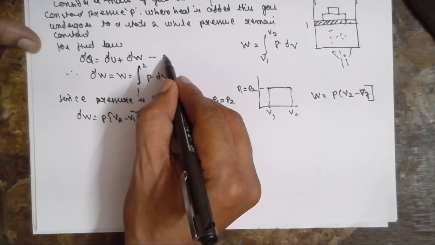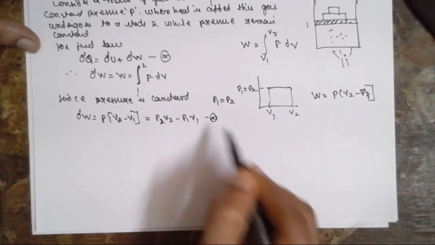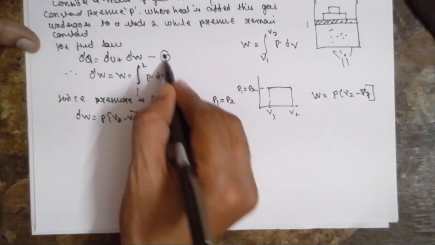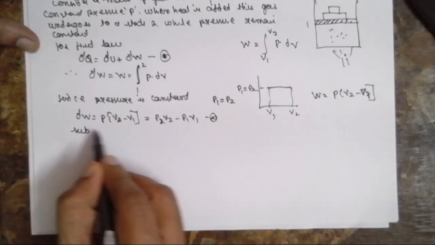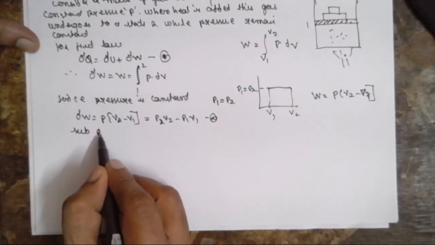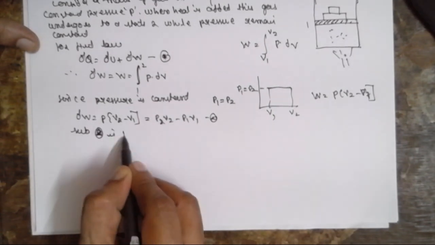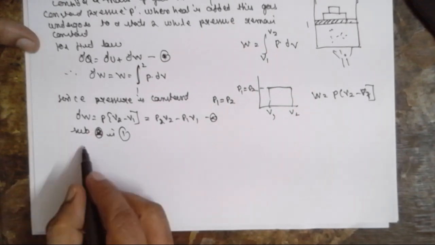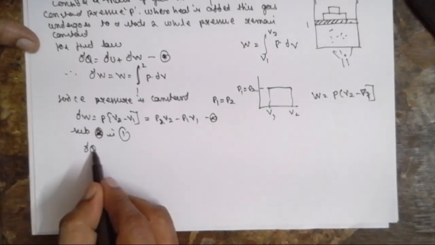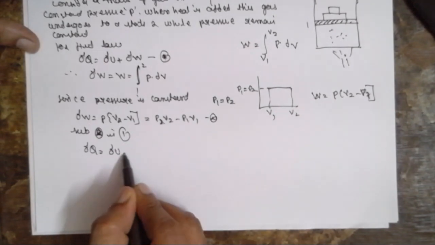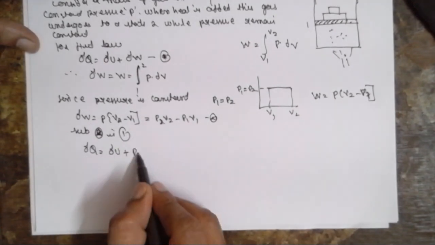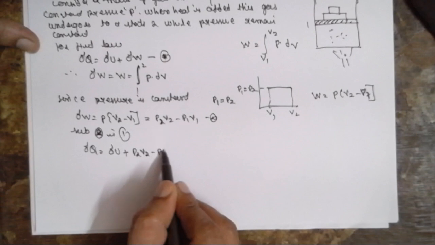Let us consider equation 1 and equation 2. Substitute equation 2 in 1. Then it becomes delta Q is equal to delta U plus P2 V2 minus P1 V1.